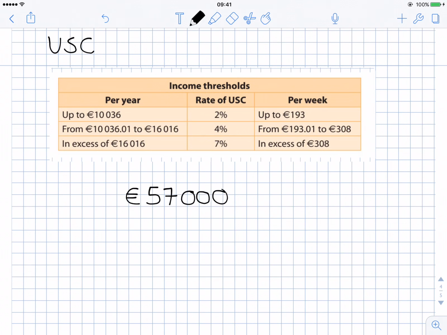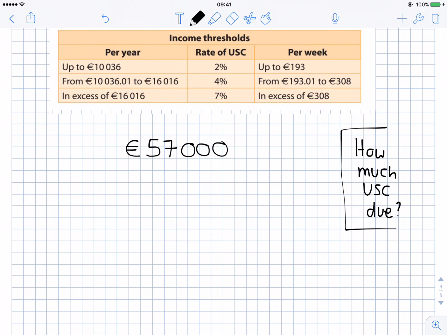And we want to know how much USC is due. So her €57,000, she's earning quite a lot. She's earning well more than the €16,016. Now that doesn't mean she pays 7% of the whole 57,000. No, she's allowed split this into 3 parts basically.